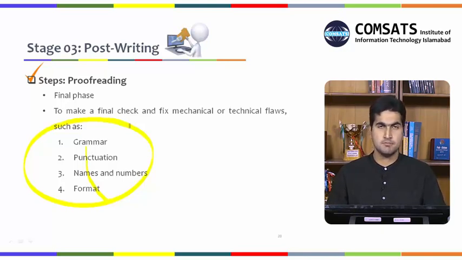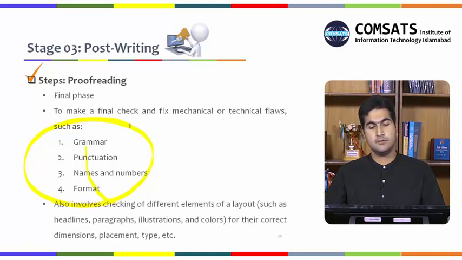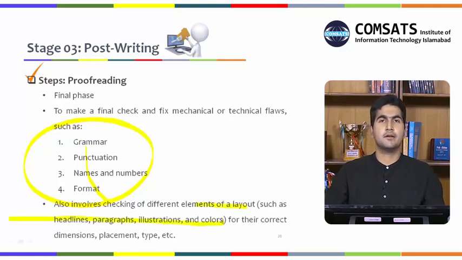So focus on spelling, grammar, punctuation, names and numbers, and format. And of course checking the different elements of layout as well, whether headings, paragraph, illustrations and colors have been used in a correct format, or if there is any error, it can be highlighted or pointed out as well.